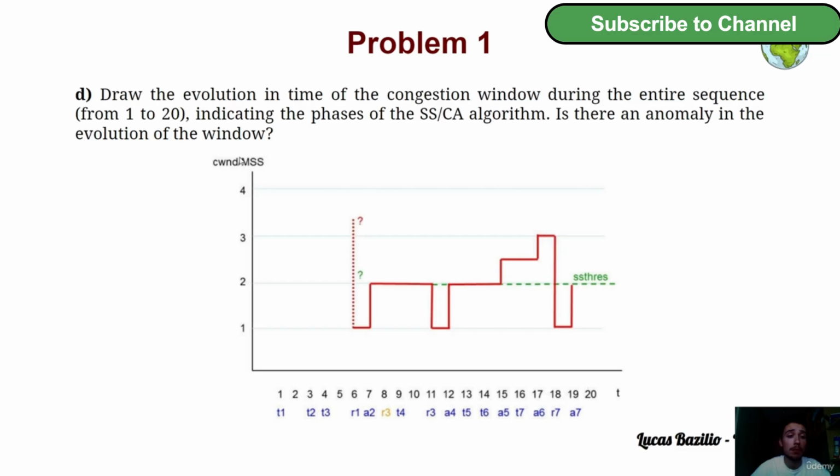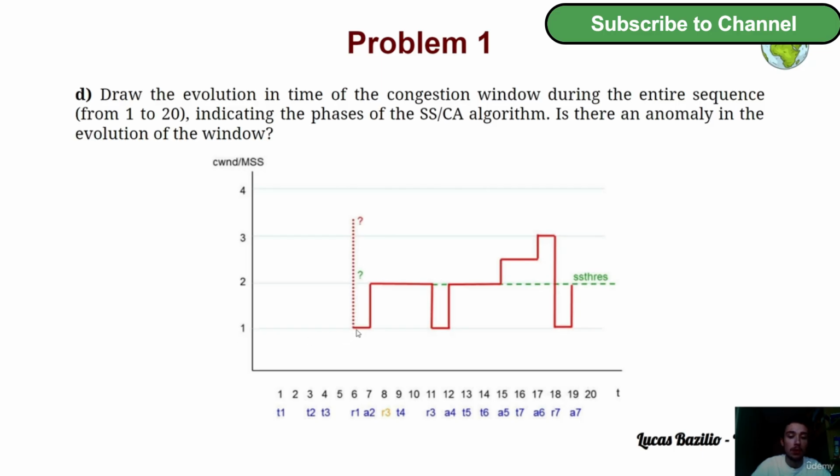So we can divide this by the maximum segment size, because remember that at exchange 6, since we have a retransmission, we set the congestion window to be equal to the maximum segment size. The congestion window is equal to one maximum segment size. So as we divide the congestion window by the maximum segment size, this gives us 1.